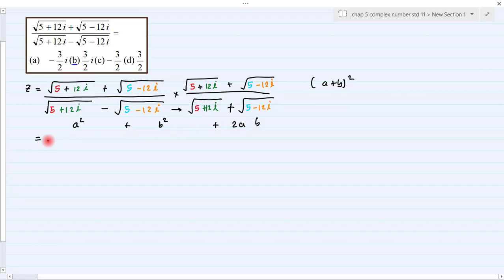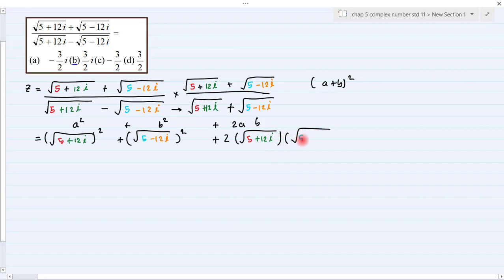So in the numerator we will get the square of √a, which is 5+12i, plus the square of b, which is √(5−12i), plus 2 times ab. Your a is √(5+12i) and your b is √(5−12i).